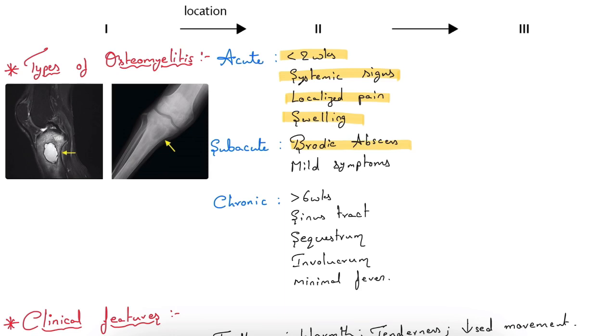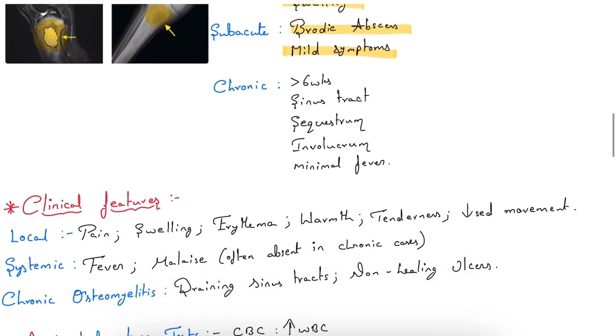In MRI or X-ray, you can see a circular, oval-shaped image. Then the bone becomes delicate and can break. Subacute has mild symptoms. In chronic osteomyelitis, greater than 6 weeks, we see sinus tract, sequestrum, involucrum, and minimal fever.